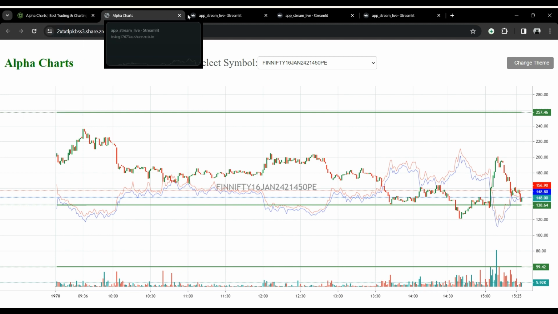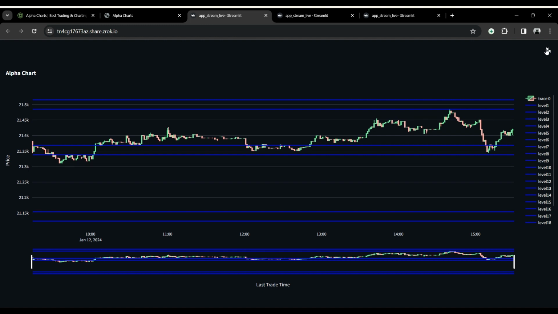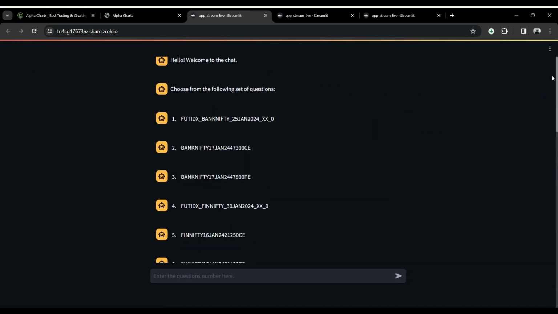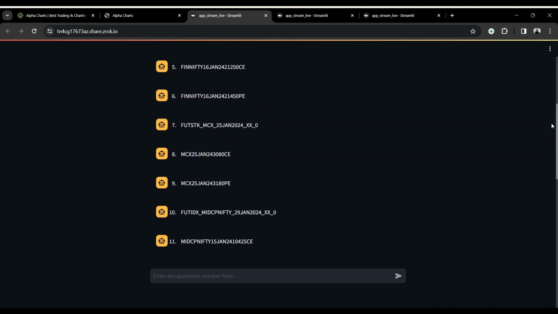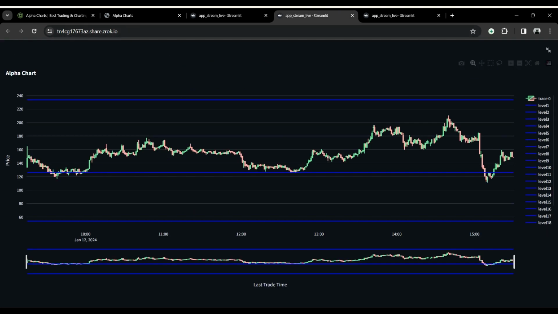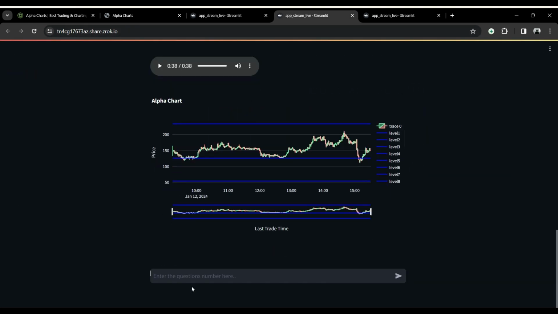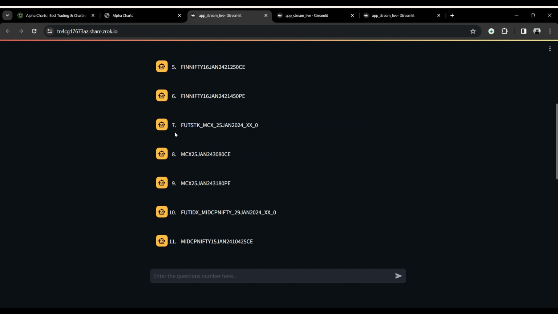Okay, let's move on to the next chart. After Finifty, we have got MCX. In MCX, we don't normally get much data, and there is more volatility. Let's see. MCX number, futures is 7, right? 7 is our future.